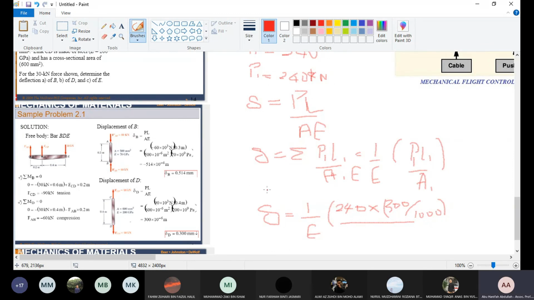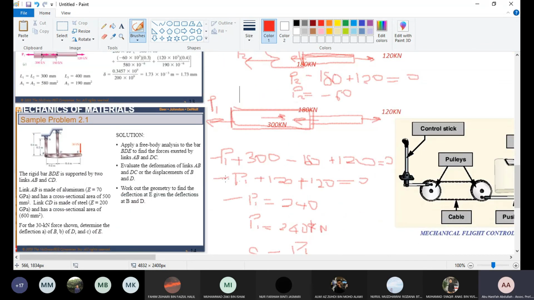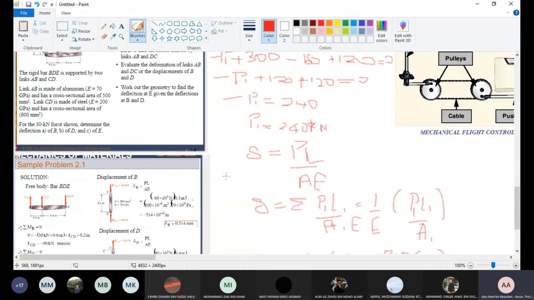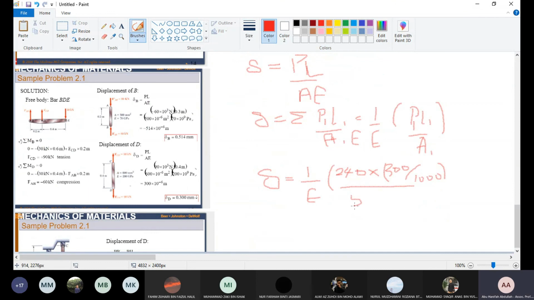This one is P1 L1 over A1. A1 is 580 millimeter squared. You have to convert into meter squared. And then you continue doing that.